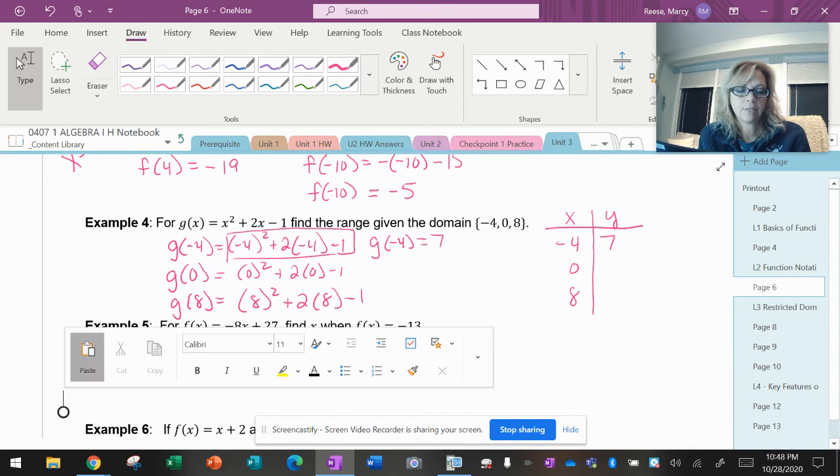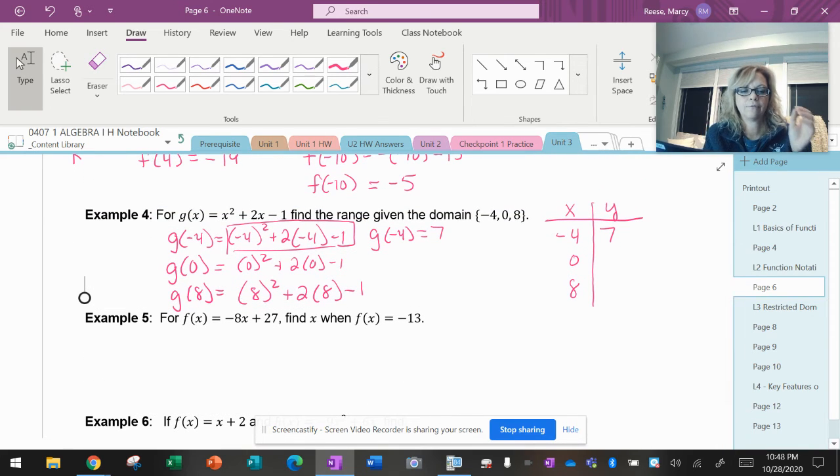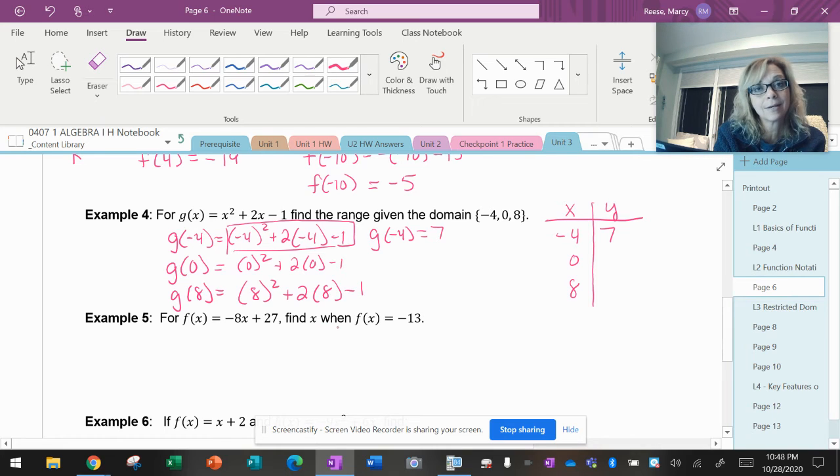Okay, now 6 is a tad bit different. Okay, so it says for f of x is equal to negative 8x plus 27, find x. Now you've got to find x when f of x equals negative 13. So look, I'm going to replace this with a negative 13.